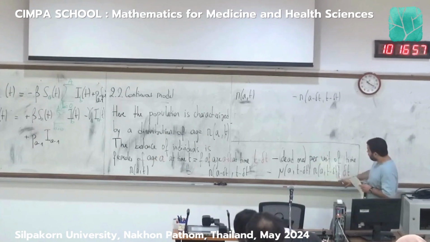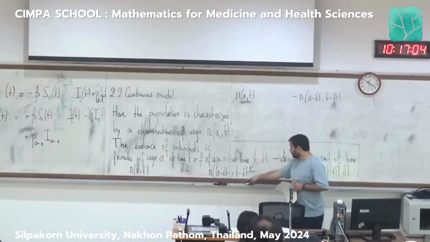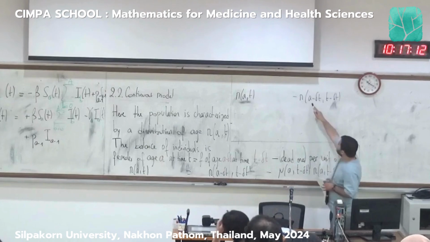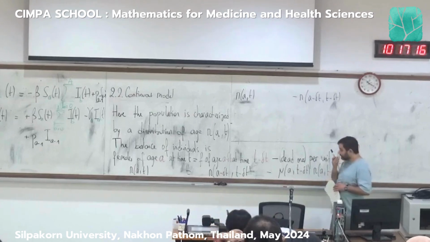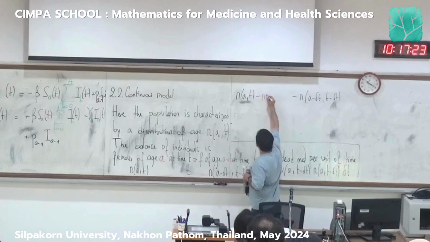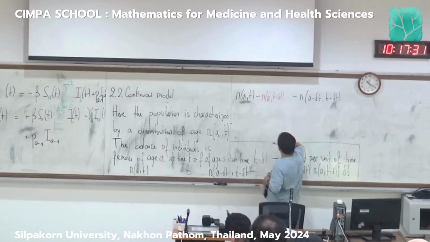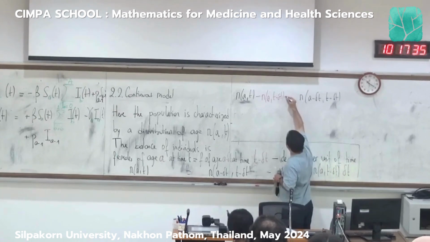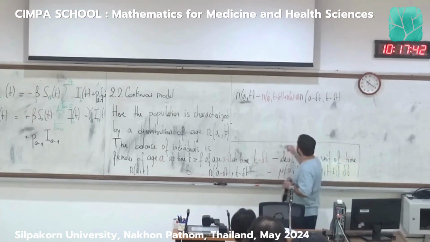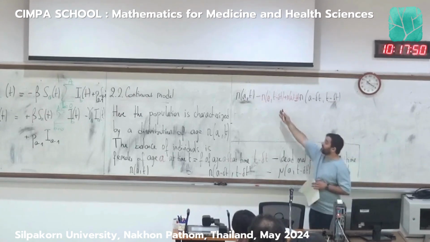What I want is to divide everything by delta t, but what I want to get at the end is the derivative with respect to time and the derivative with respect to age. So I just add 0 and add 0.